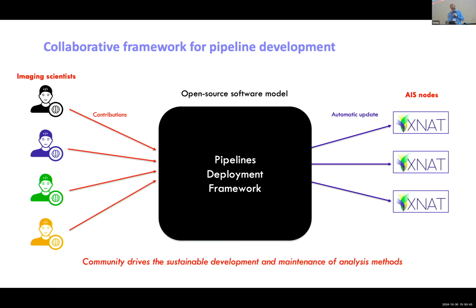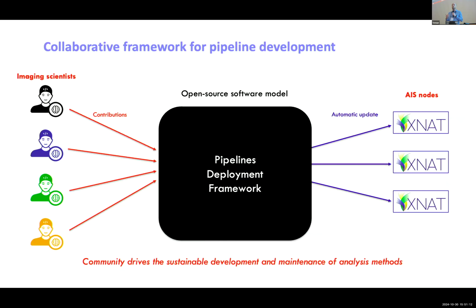So then just onto the automated pipelines. When we sat down, the initial remit for this was to produce some pipeline suites to run analysis methods on the imaging data. But we soon realized that maintaining a large suite of analysis methods for the wide range of data within the Australian Imaging Service would not be feasible.